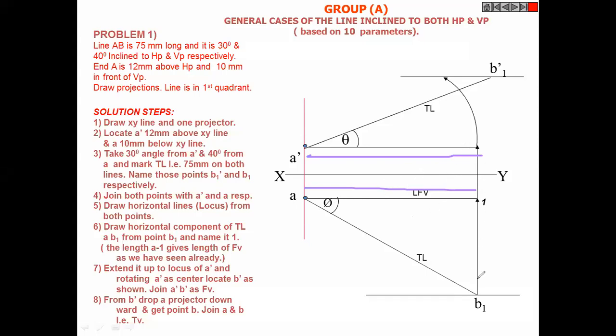What we did, we got the projection upward, and that straight horizontal line is nothing but the length of front view. So next step, we'll put our compass here, we'll measure this much distance, and an arc is cut, so we'll get one point here.